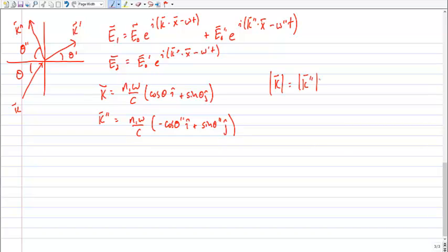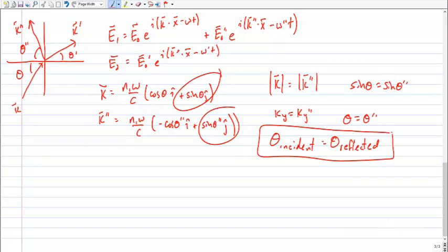And also, the y components of those vectors have to be the same. So here's the y components. So it looks like sine theta has to be equal to sine theta double prime, which means that theta equals theta double prime, which is the law of reflection, which was hiding in electromagnetism all along.